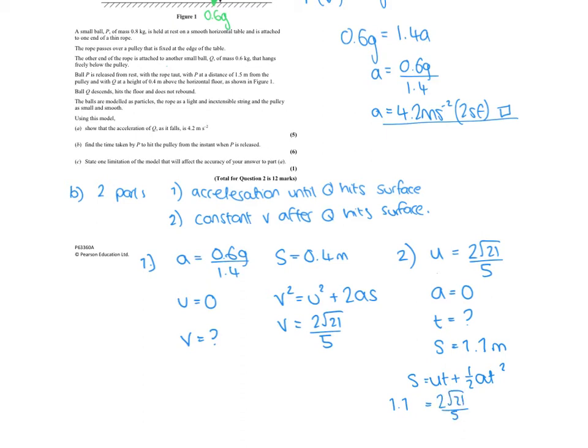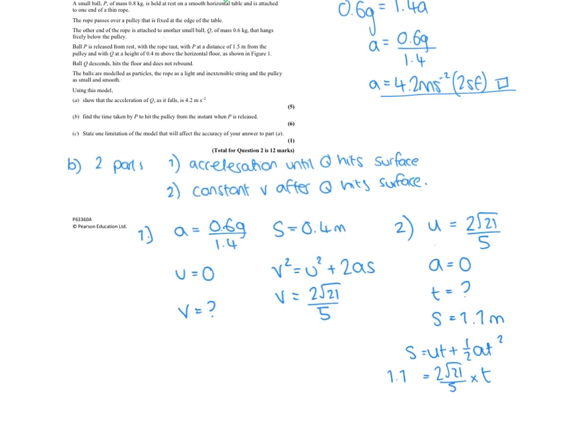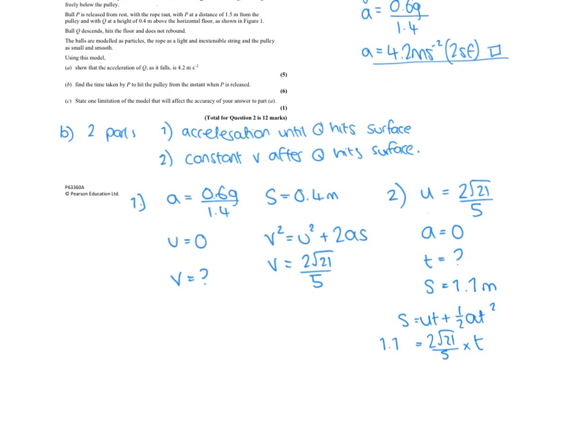So it's just s equals ut. Solve that for time. Okay, so we know the time from after Q hits the ground until the particle hits the pulley is 0.6 seconds.